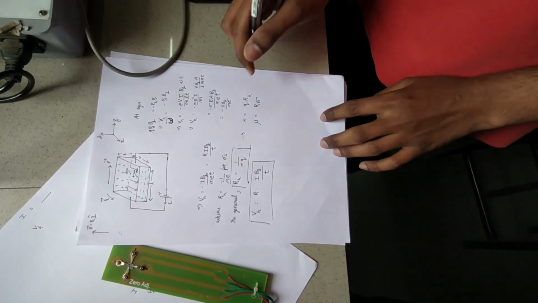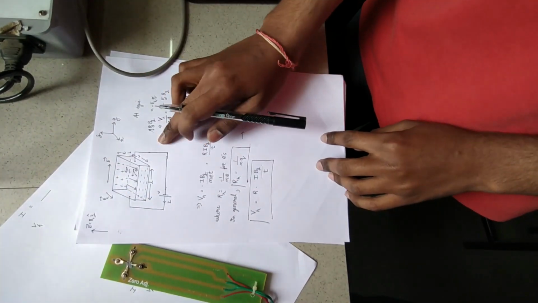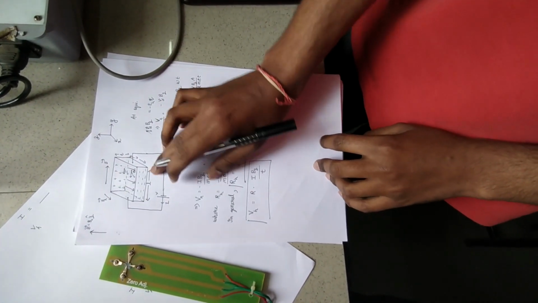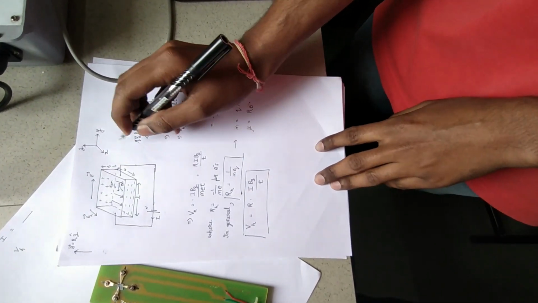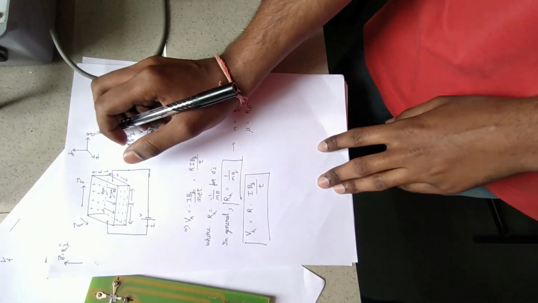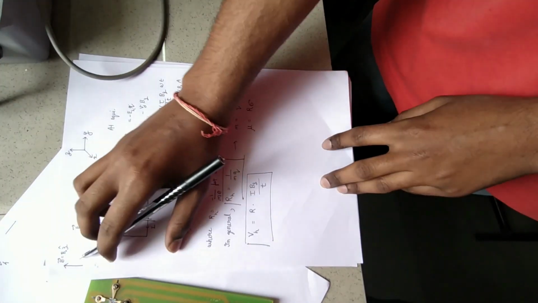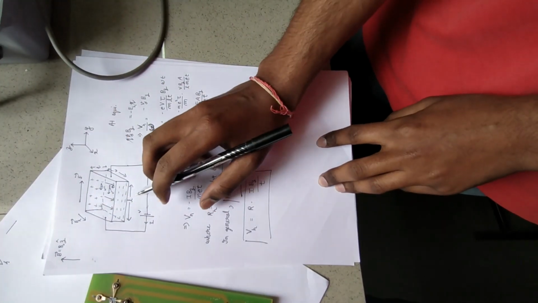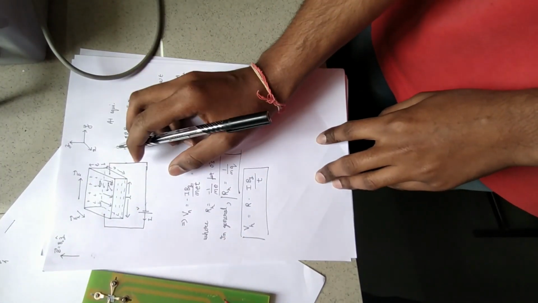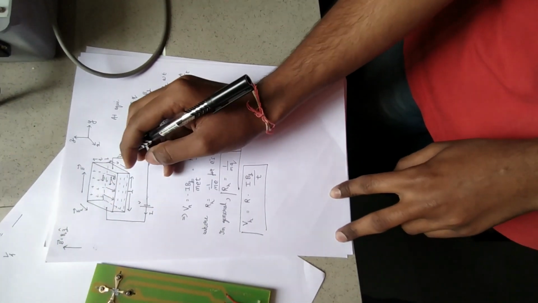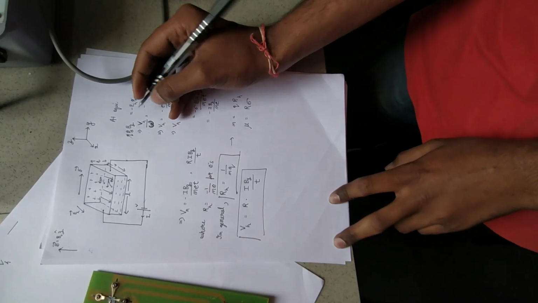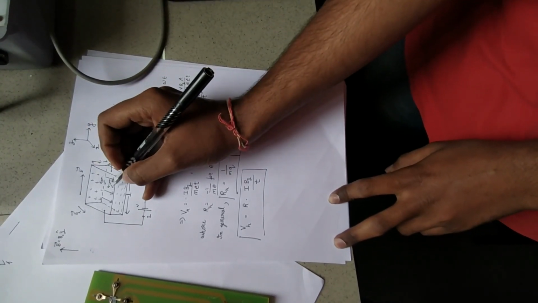For theory, we consider a slab of conductor of length L, width W, and thickness T, and the coordinate axes are specified as x, y, and z. The magnetic field is applied in the positive z direction. The current flows along the positive y direction, so electrons flow opposite to that, along the negative x direction.